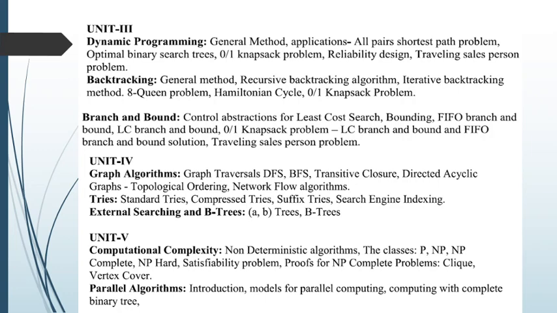Okay, third unit, third chapter is branch and bound technique. Control abstraction for least cost search, and we are going to see the bounding, and we are going to see the FIFO, first in first out, branch and bound, LC branch and bound, and 0/1 knapsack problem, LC branch and bound, and FIFO.